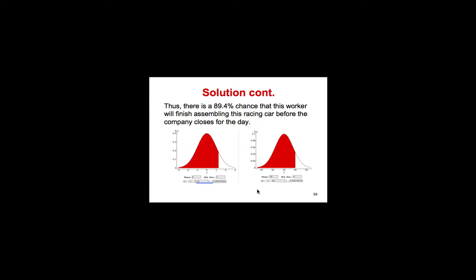And then I cheated a little bit. I entered the true mean of 55 and the true standard deviation of 4, and asked it to calculate the probability that the time to complete the toy would be less than 60 minutes, and of course we get the same answer.